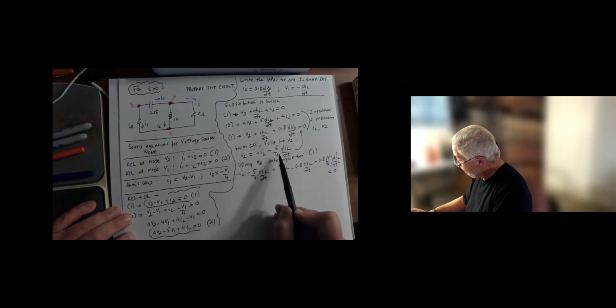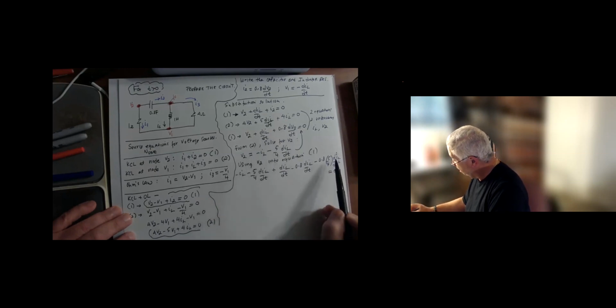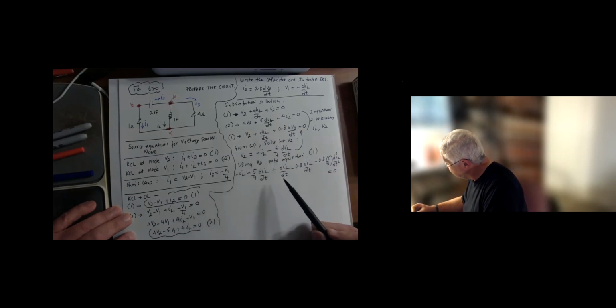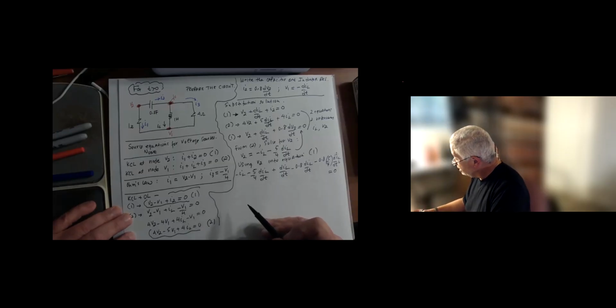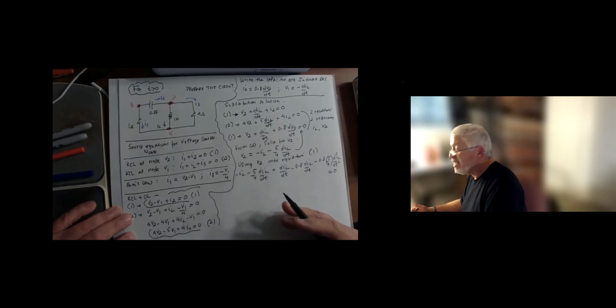Okay, because I have to take the derivative of this and multiply by 0.8, I get to this. And you can see now everything is in terms of IL. All I have to do essentially is collect terms, put under the same denominator, and normalize, if you will. Okay, so I can actually just multiply the whole thing by 4. So what do I have here?